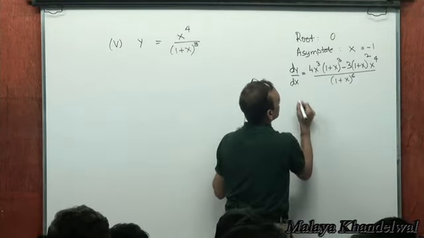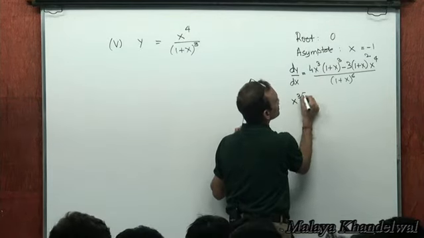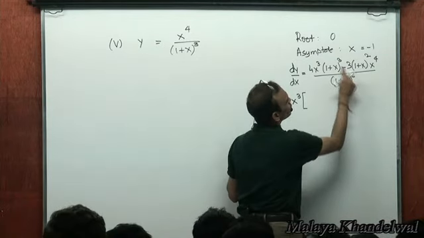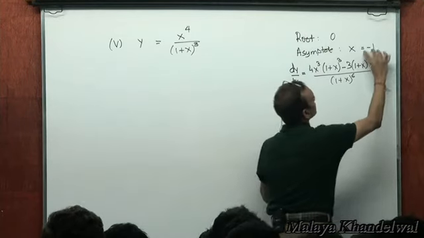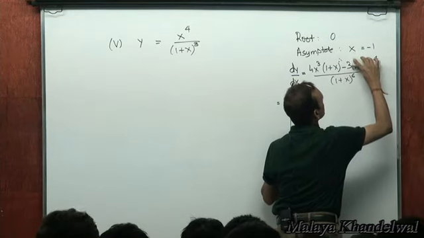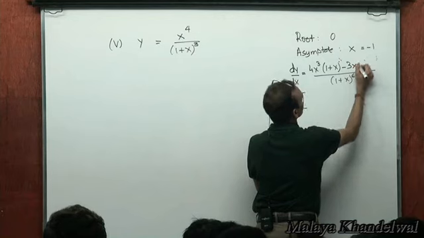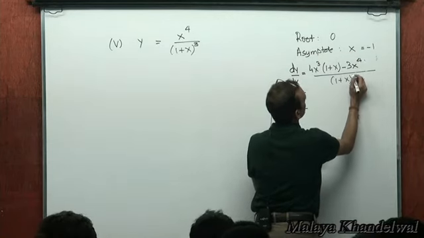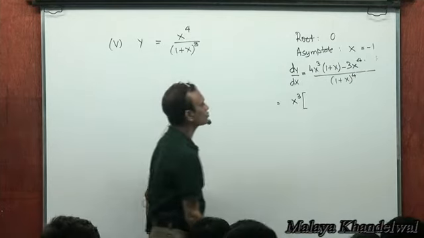So, I could, let's say, take x cubed common, and 1 plus x whole squared could be cancelled from numerator and denominator.